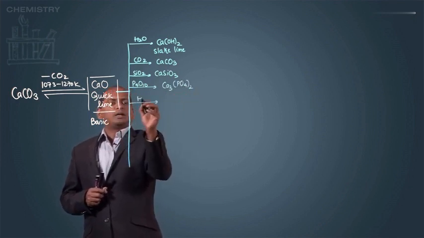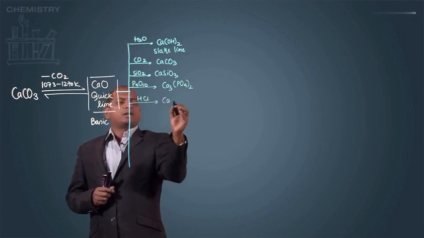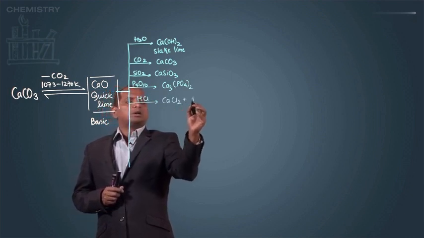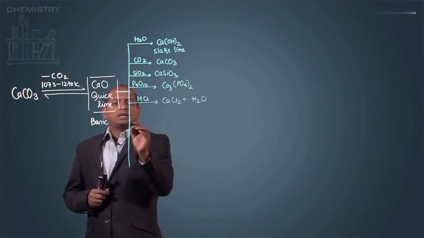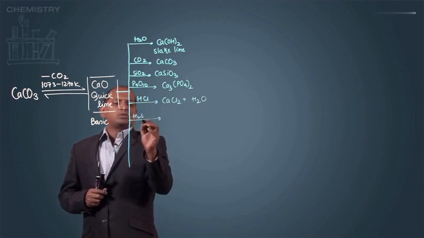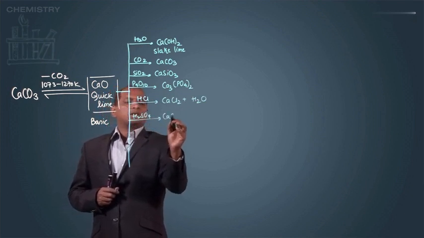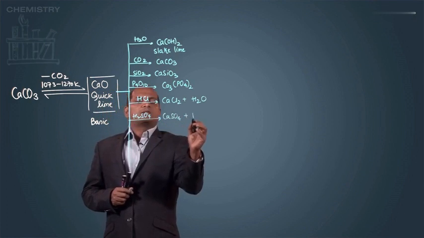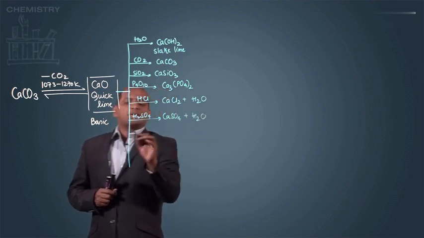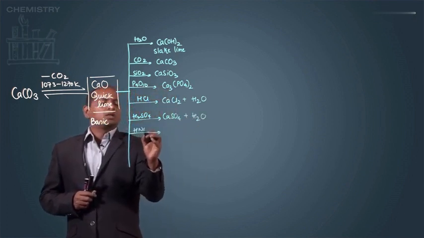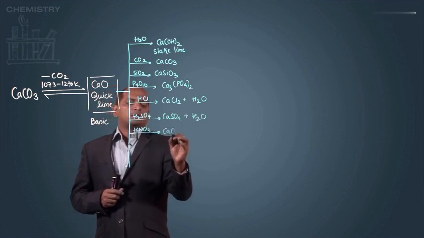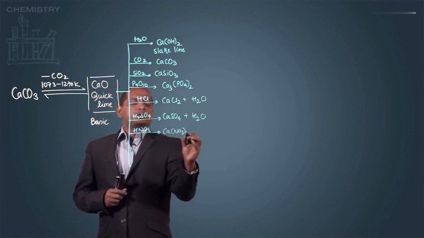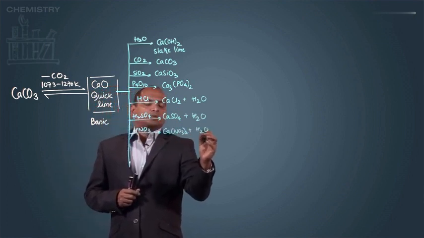It can react with HCl, so that we get CaCl2 plus H2O. It can react with H2SO4, so that we get CaSO4 plus H2O. It can react with HNO3, so that we get Ca(NO3)2 plus H2O.